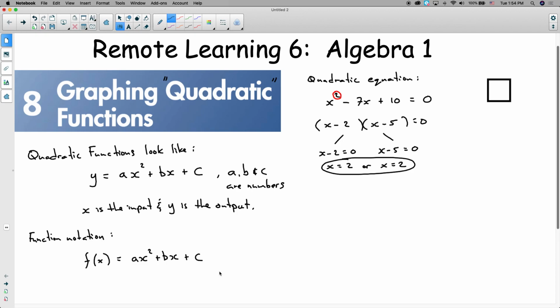A, B, and C are still just some numbers, and x is the input, but this time f at x is the output.